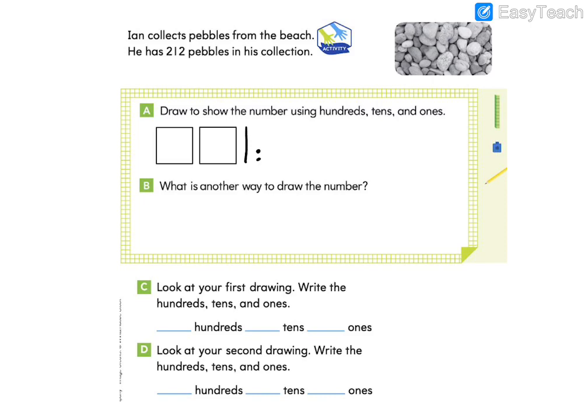Now for letter B, we need to think about another way to draw this number. We can regroup these hundreds as tens. So I know that each 100 block will be equal to 10 tens. So for my first 100, I'll draw my 10 tens.